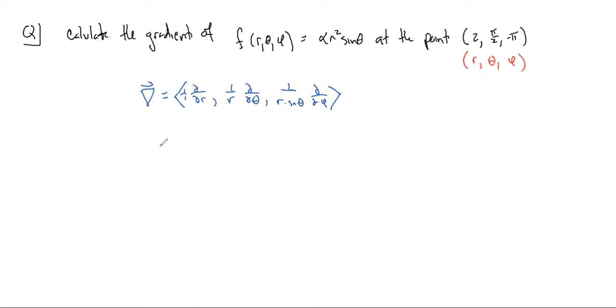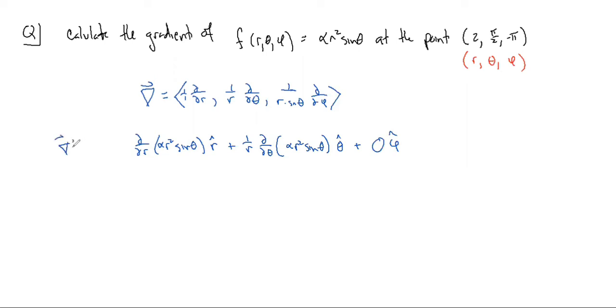So just do that to this thing. We have d by dr of alpha r squared sine theta r-hat, plus 1 over r d by d theta of alpha r squared sine theta theta-hat. And then there's nothing in there that depends on phi, so we'll just say 0 phi-hat.